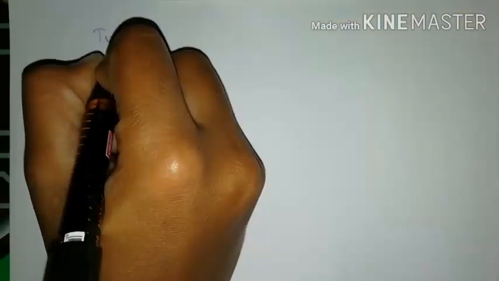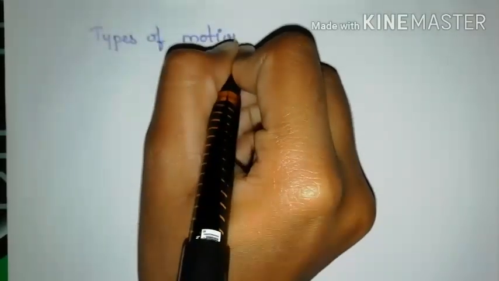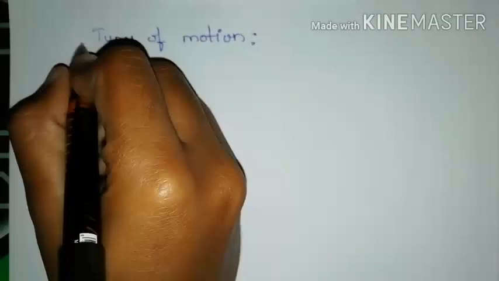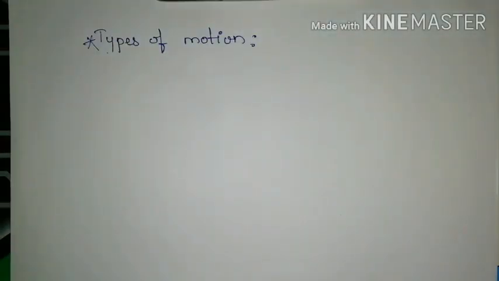Types of motion. Previously, the types of motion were categorized on the basis of what kind of path the object traces during its motion. If the straight path, then rectilinear and all that.